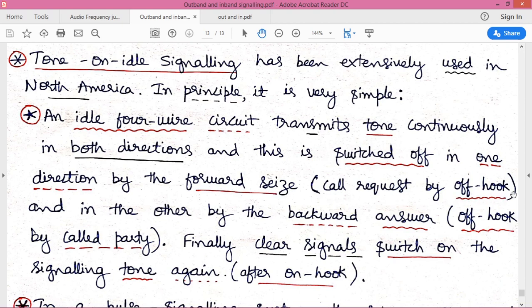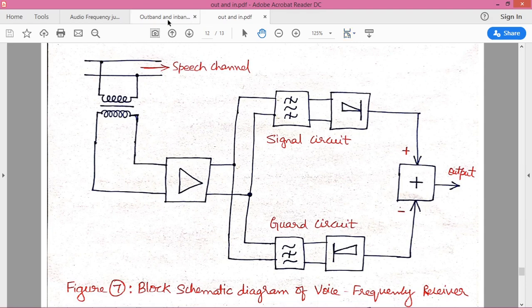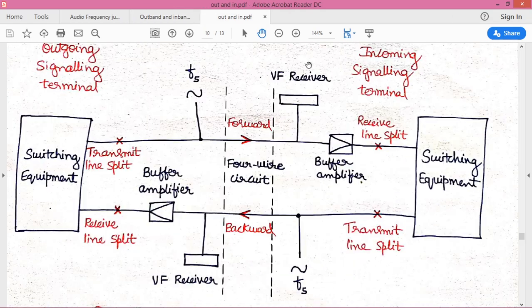Once the end user goes off hook, once he takes his handset up, that is off hook. Once the off hook is produced in one direction, previously we used to have tone continuously between two exchanges in both directions.